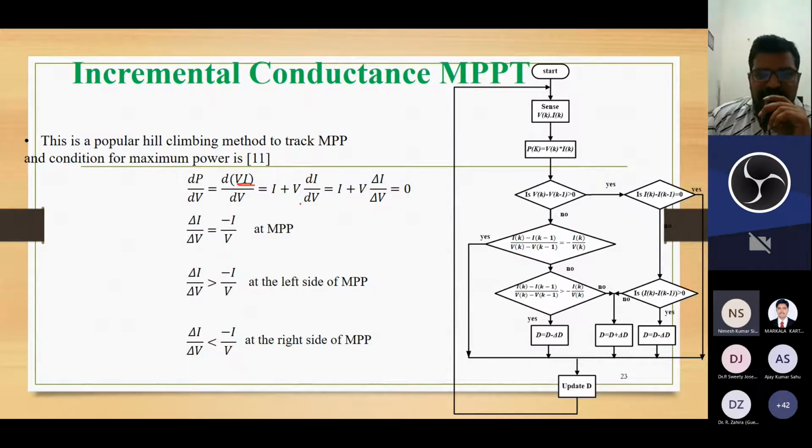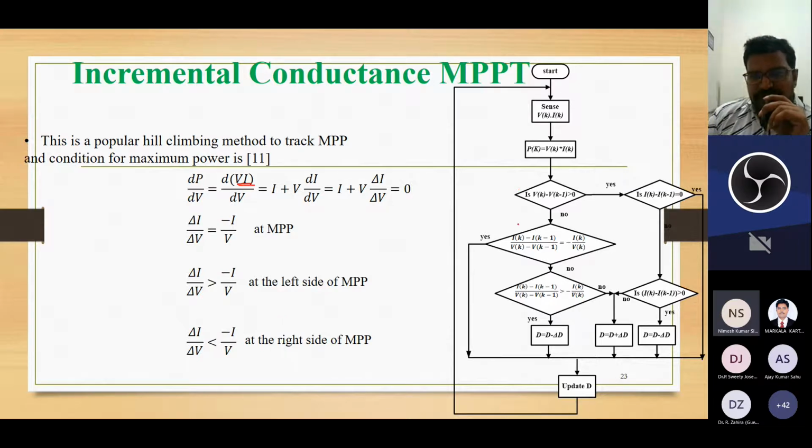So this dI by dV is nothing but the change of current with respect to the change of voltage. Finally, at the maximum power point, I by V means what? Conductance, right? I by V means conductance. So the incremental conductance must be balanced with the negative of the conductance value at MPP. If it is greater than this, then the MPP lies on the left side. If it is less than this, then it lies on the right side.